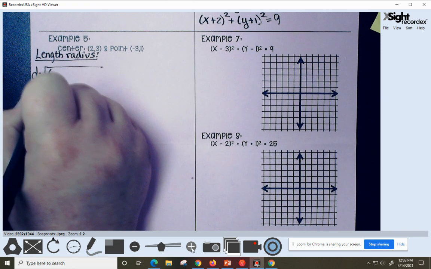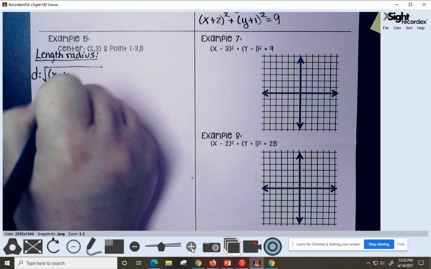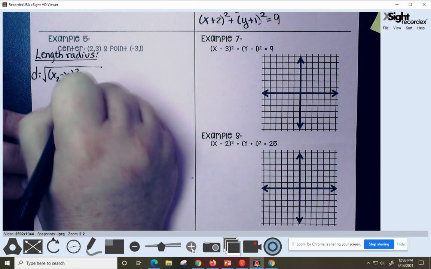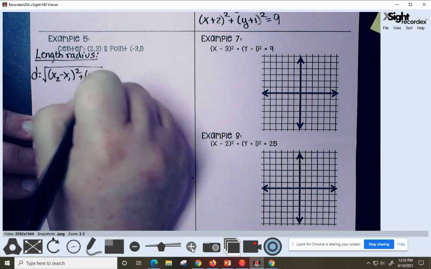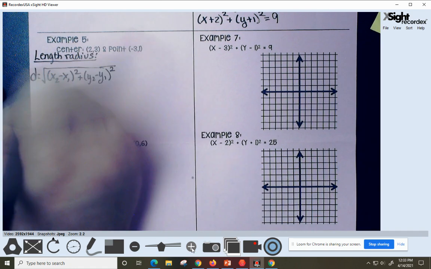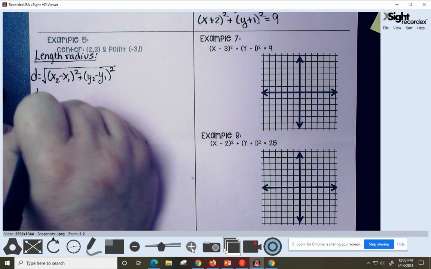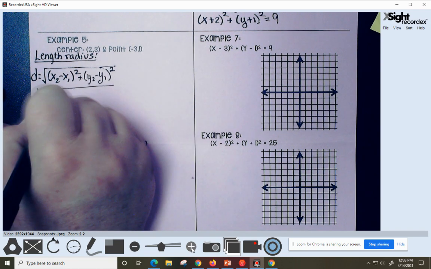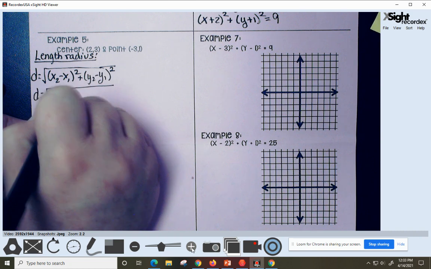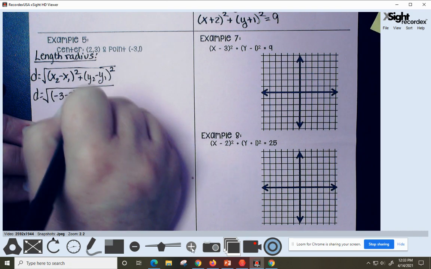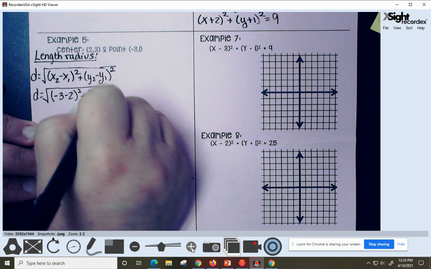So that's going to be x2 minus x1 squared plus y2 minus y1 squared. So my distance is going to be negative 3 minus 2 squared plus 1 minus 3 squared.